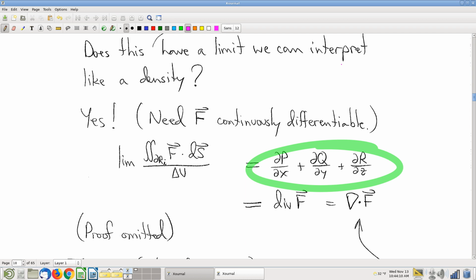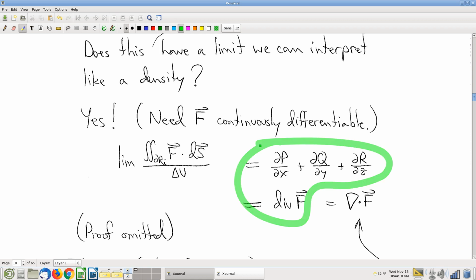In section 15.1, they just wrote down this formula. They said, hey, by the way, there's this thing called divergence. Here's the formula for it. With no context, right? No reason to believe, how am I supposed to think about this thing? What does it do? Where does it fit in? So I thought that was weird. But anyway, we now have a pretty reasonable point of view on that.